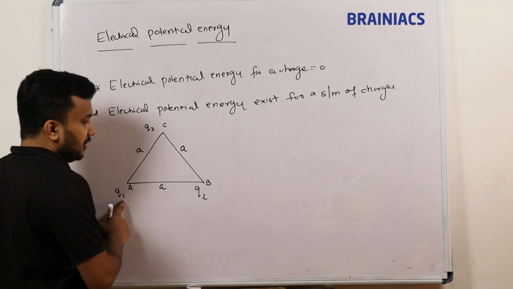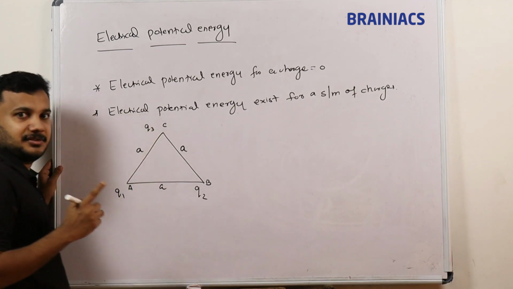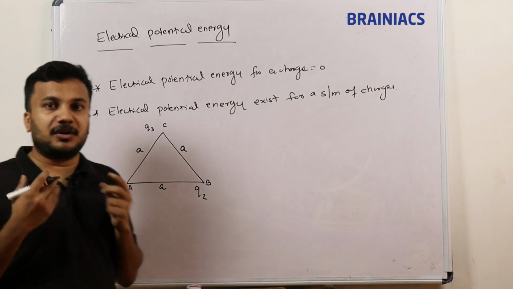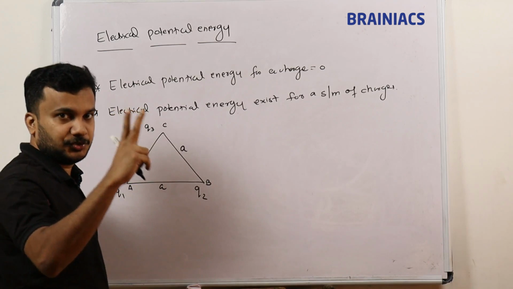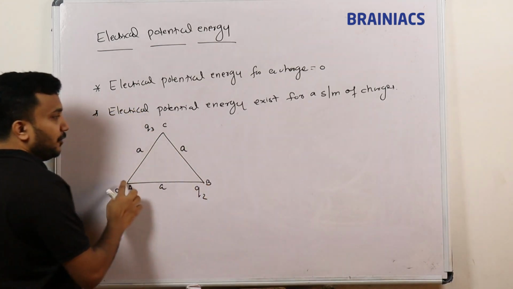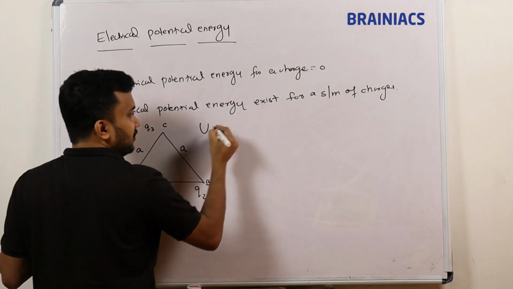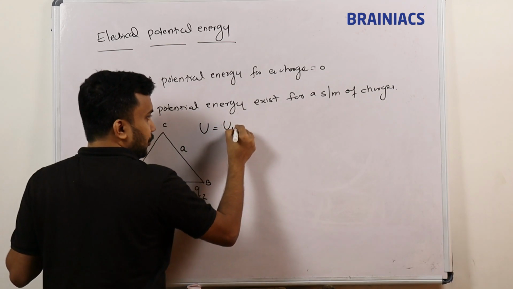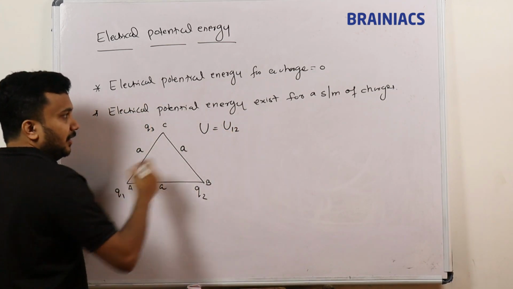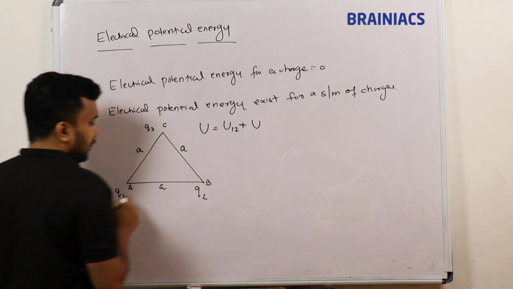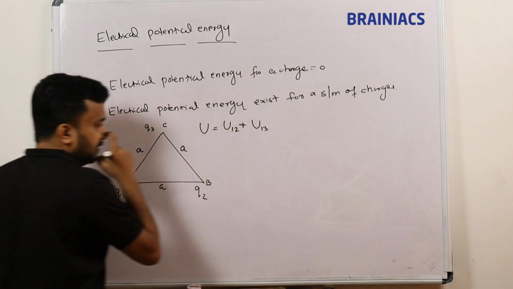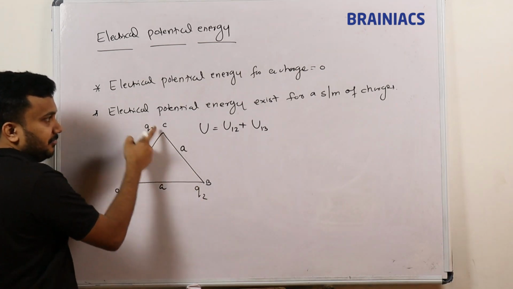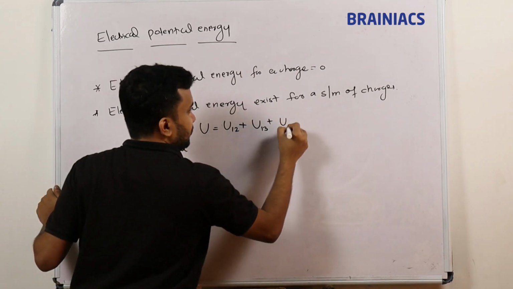So we are calculating the potential energy for a system. System means it should contain more than one charge. So more than one charge means the minimum combination is how much? 2 charges, right? So Q1, Q2 will form a potential energy. Total potential energy is equal to the potential energy between charges 1 and 2, and 1 and 3. Any other? Yes, potential energy between 2 and 3.